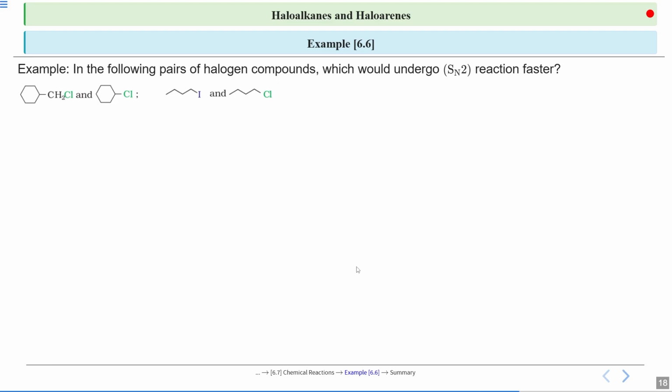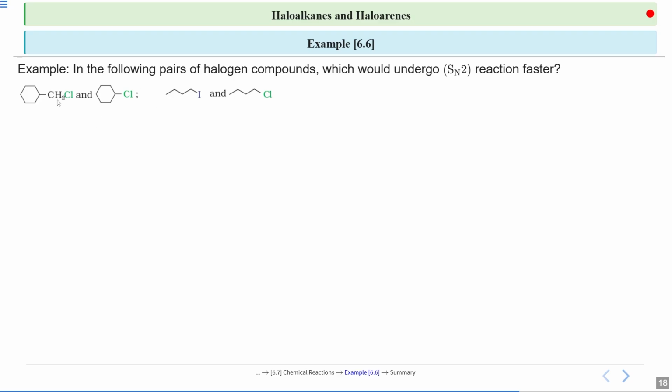Okay, let's solve an example. Example 6.6: in the following pairs of halogen compounds, which would undergo the SN2 reaction faster? You have to tell which halogen compound in each pair would undergo the SN2 reaction faster.